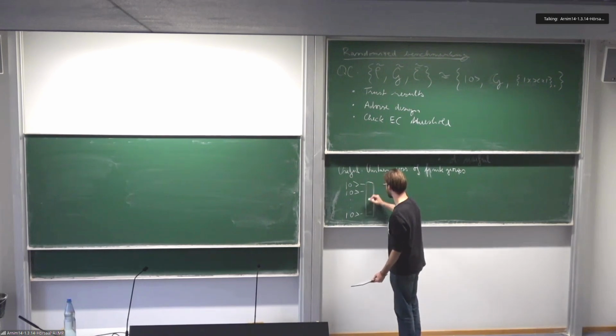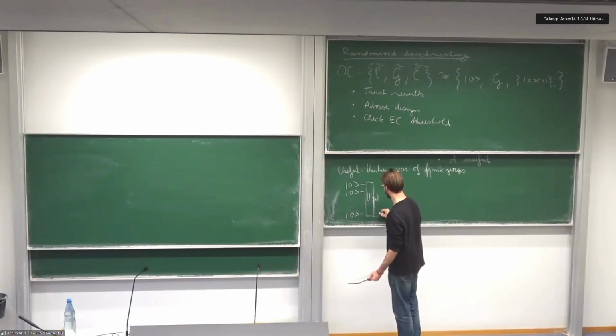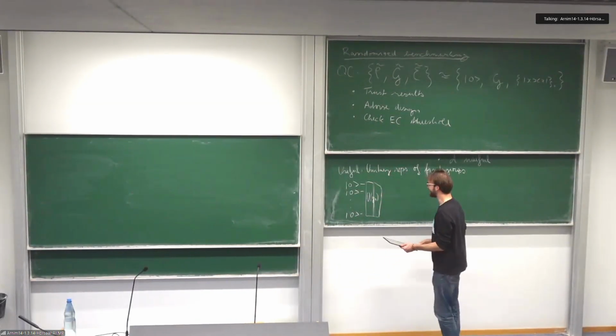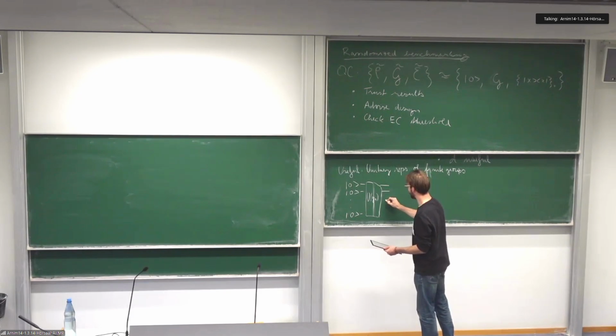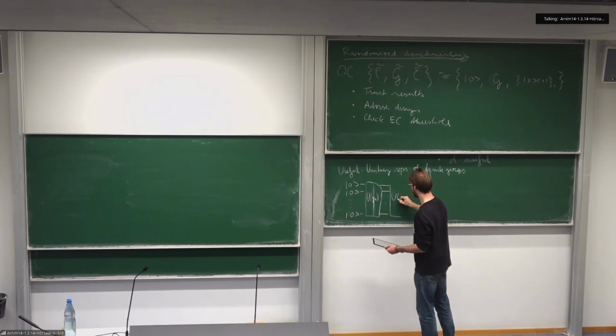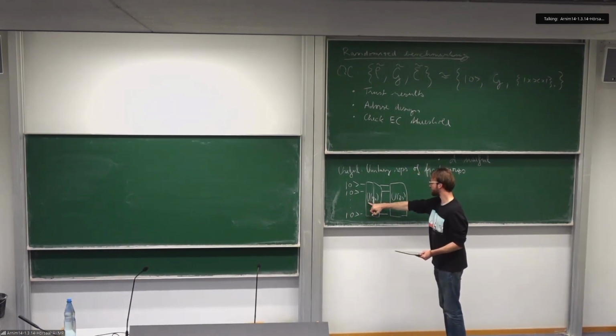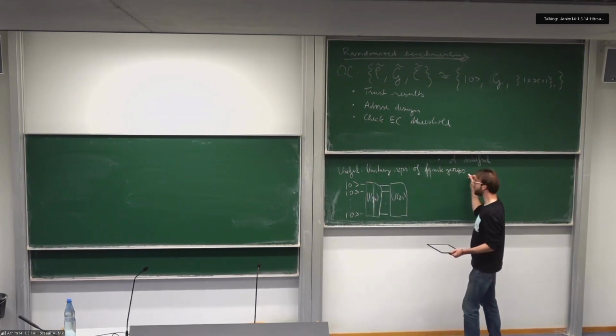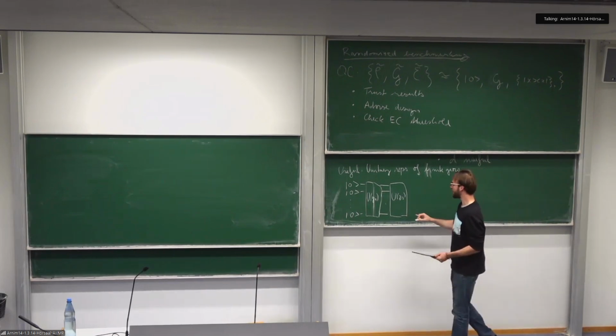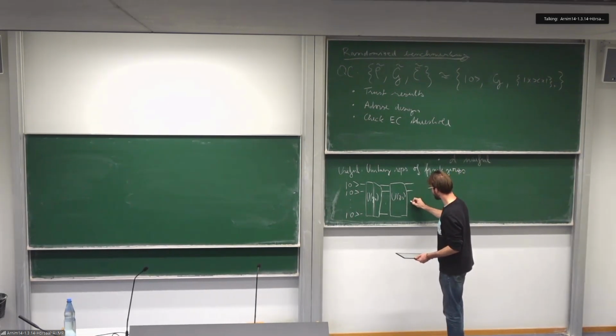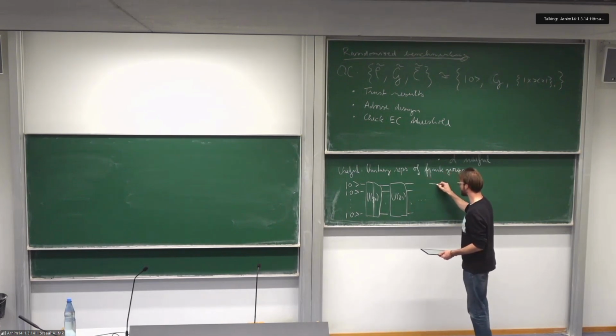consisting, right, so we implement some unitaries from the unitary representation of some group, some finite group that we choose, and we implement a sequence of them.